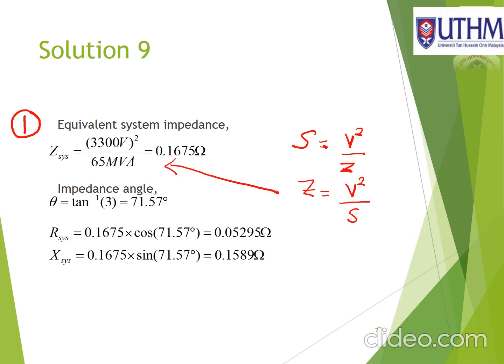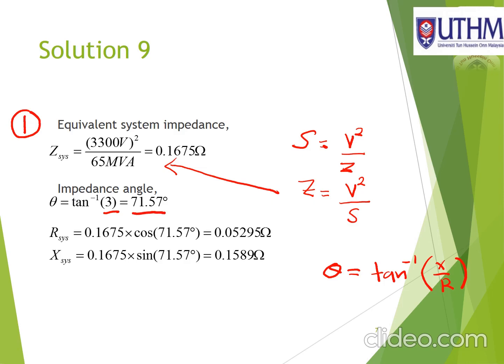Next we have to calculate the impedance angle. Theta is equal to inverse tangent of X divided by R. In the question the X/R ratio is given as 3. So to get theta, we just take the inverse tangent of 3.